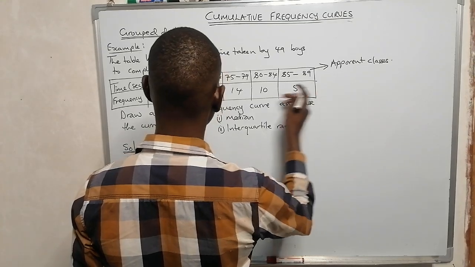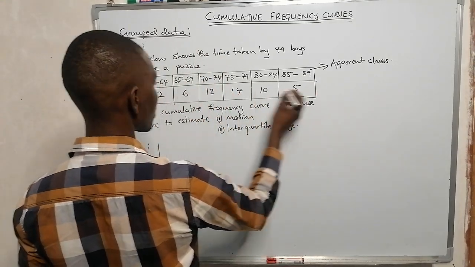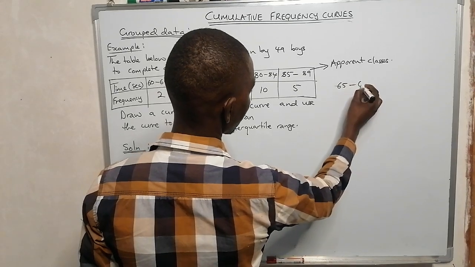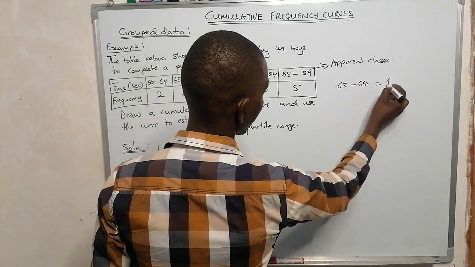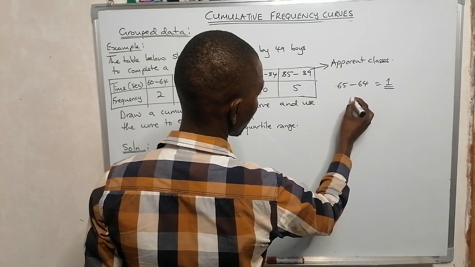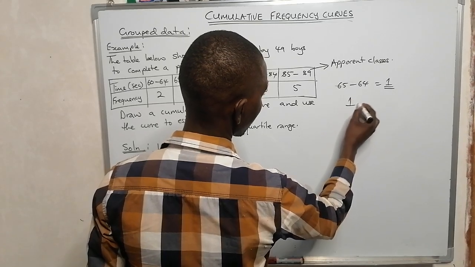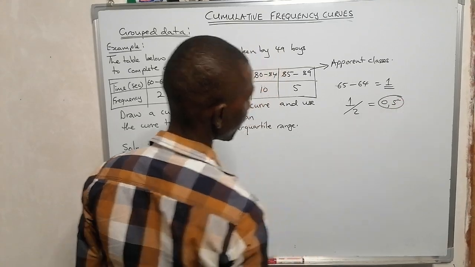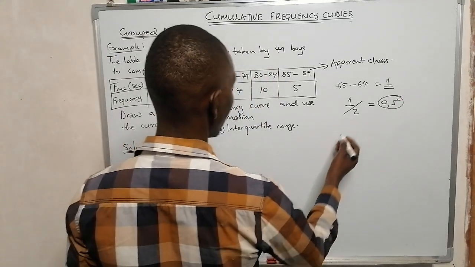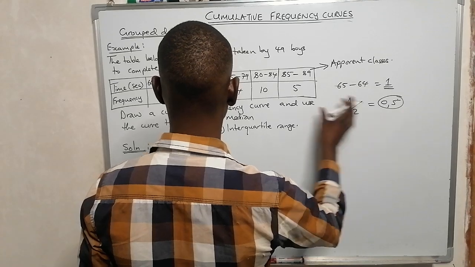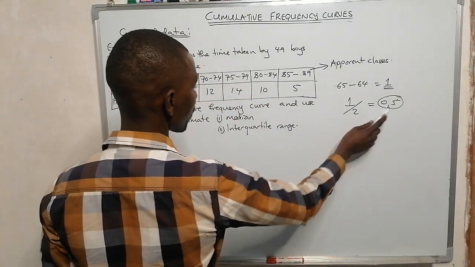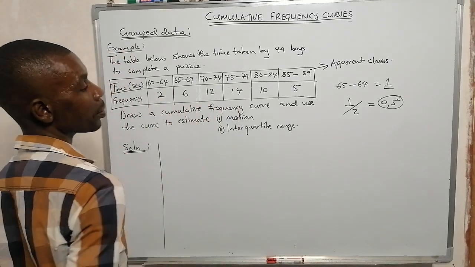Let's say we take 65 minus 64, we get 1. Then 1 divided by 2, we get 0.5. So with this 0.5, we are going to add 0.5 to all upper class limits, then subtract 0.5 from all lower class limits.